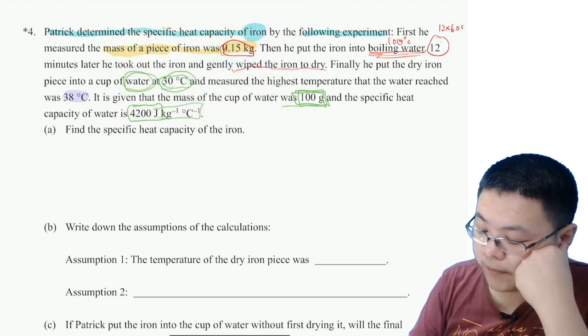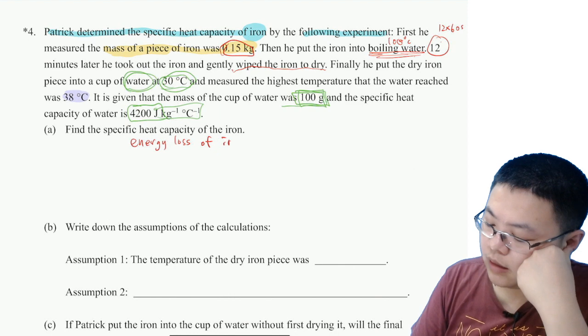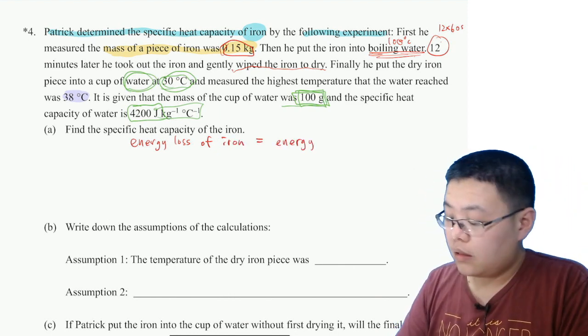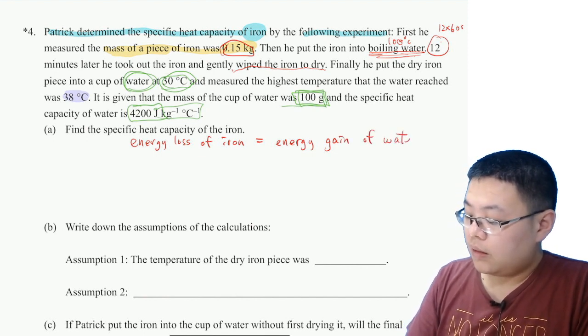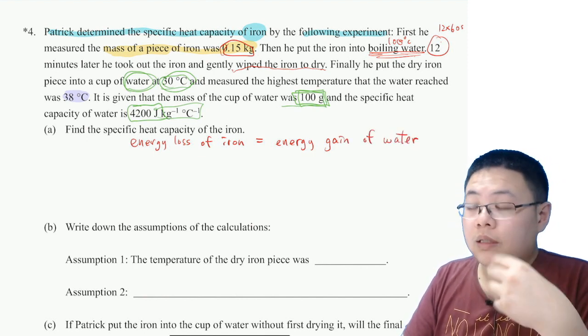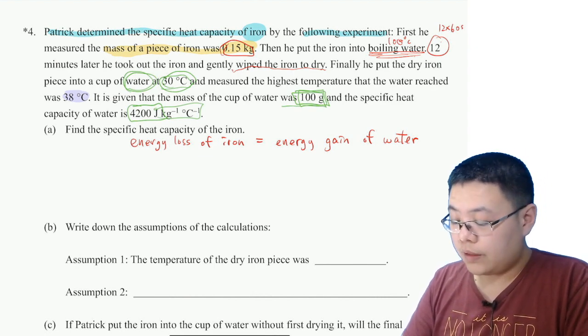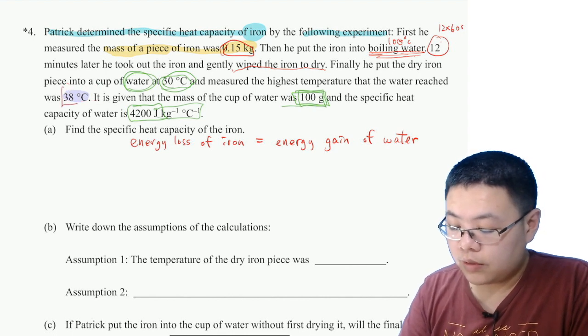So energy loss of iron is equals to energy gain of water。嗱，咁之前次次都係唔知道個 final temperature 啦。In the past we do not know the final temperature, but this time it is given to us 38 degrees Celsius.